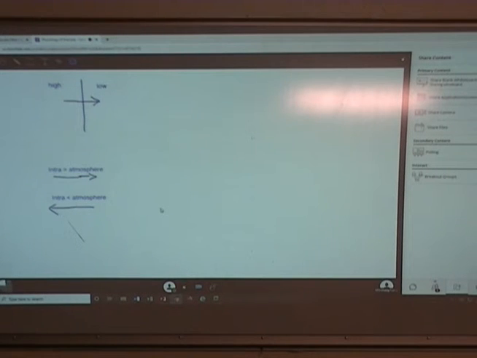Okay? So when we're talking about that high-low, I know I said this before, but it's important. It's the relative picture, not an absolute picture, right? Because it changes. So you have to think about, in relation to what am I looking at high and low? Okay?